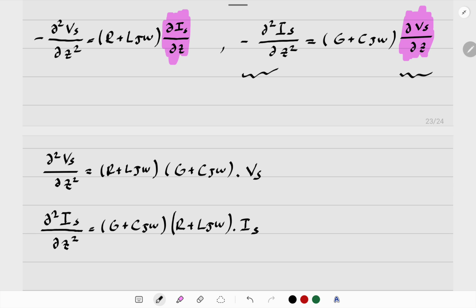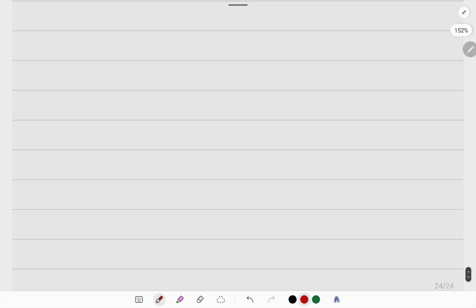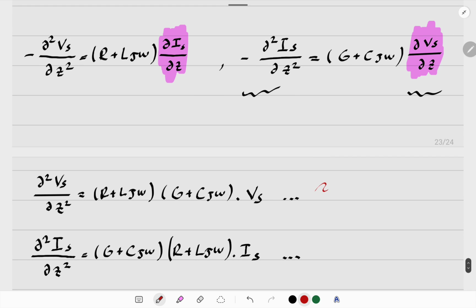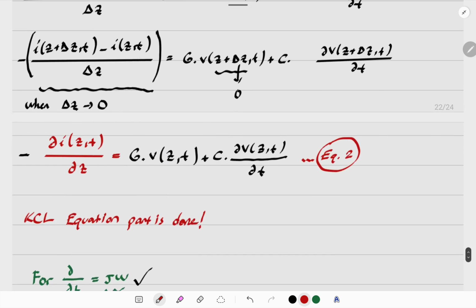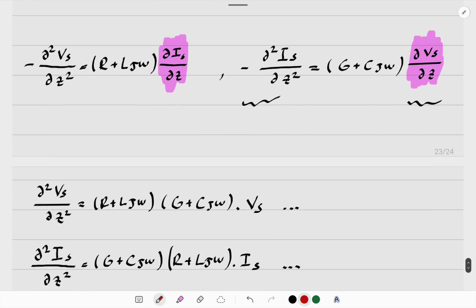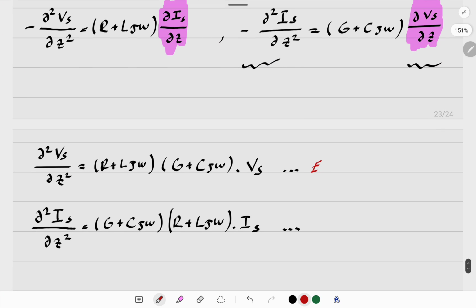All right, these are our new equations, number 3 and number 4.